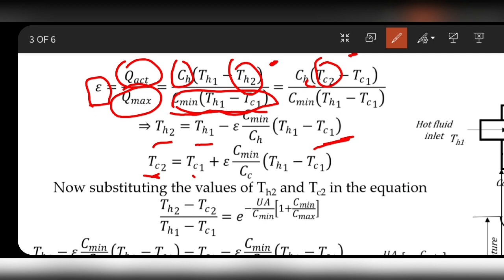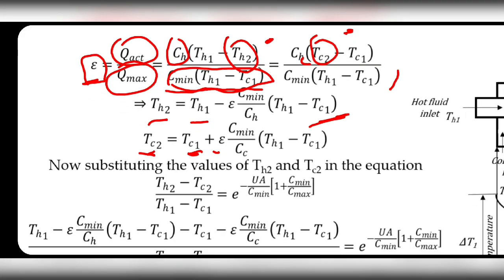Similarly, TC2 will be equal to TC1 plus, because we have minus TC1 here, when it goes to the other side it becomes plus, whatever we have in the denominator multiplied with epsilon, that is epsilon into C minimum into TH1 minus TC1 divided by CC, the heat capacity of the cold fluid.